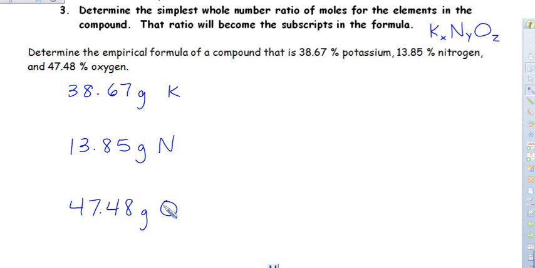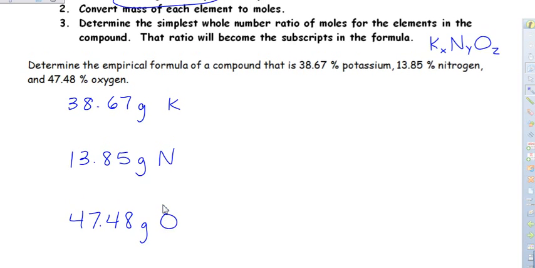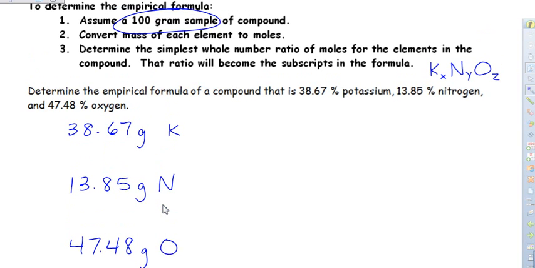We're going to assume a 100 gram sample just because it's easy. If I have 100 grams and it's 38% potassium, I know it's 38 grams potassium. So we can take these percentages and directly convert them to grams. Easy. In theory, you could assume whatever sample size you want.